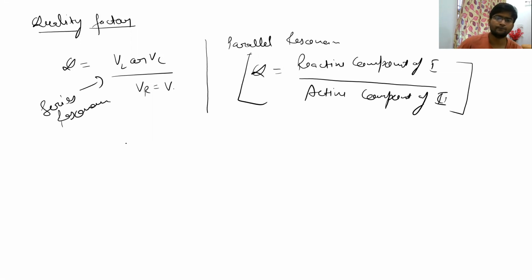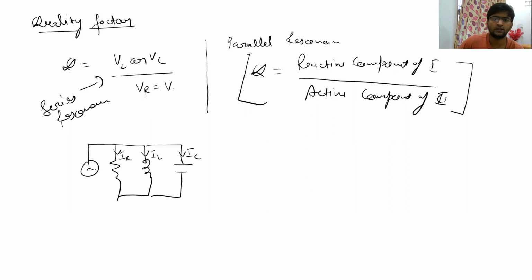So in our first case circuit, which was this R, L and C, let me call this IL, this is IC, and this is IR.